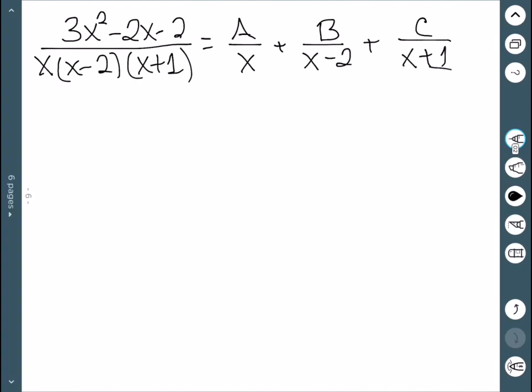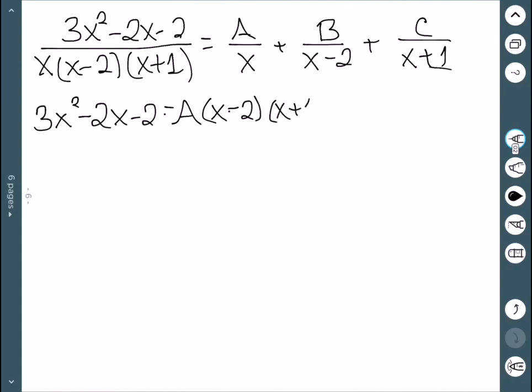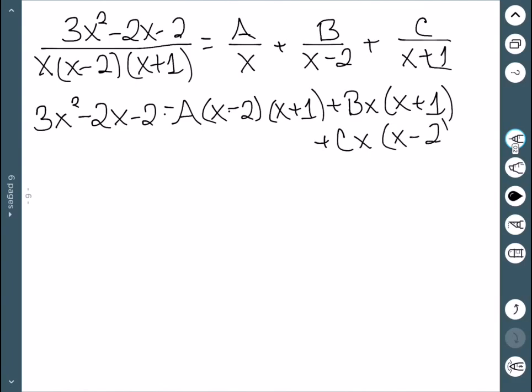And then we're going to multiply through by the denominator. On the left, I'm left with 3x squared minus 2x minus 2. On the right, I have a times x minus 2 times x plus 1, plus bx times x plus 1, plus cx times x minus 2.